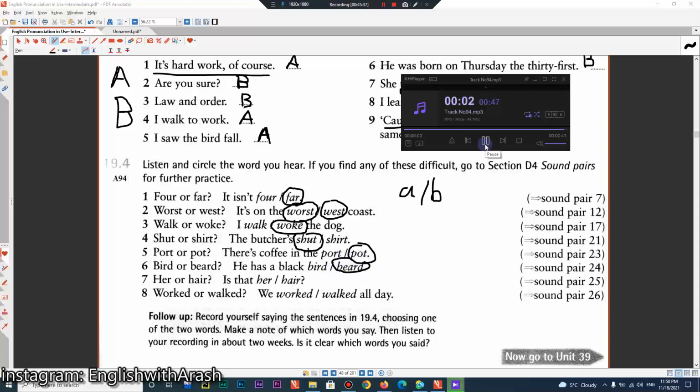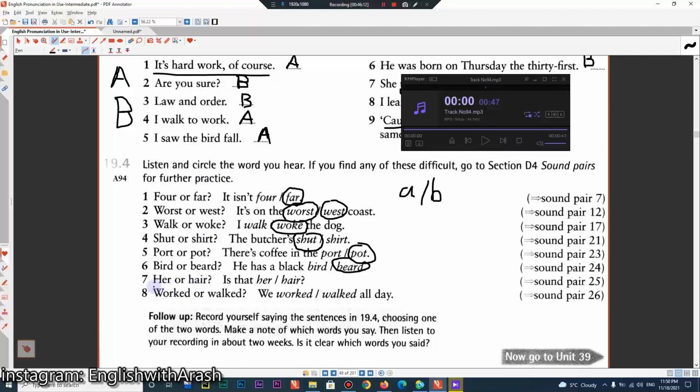7, her or hair. Is that her? They are very similar, but anyway, the first one is her, the next one is hair, and the second one is more like hair.